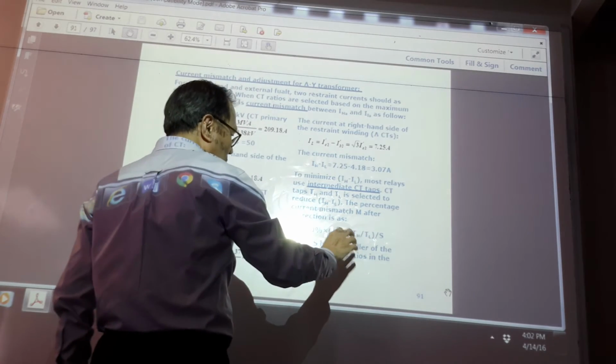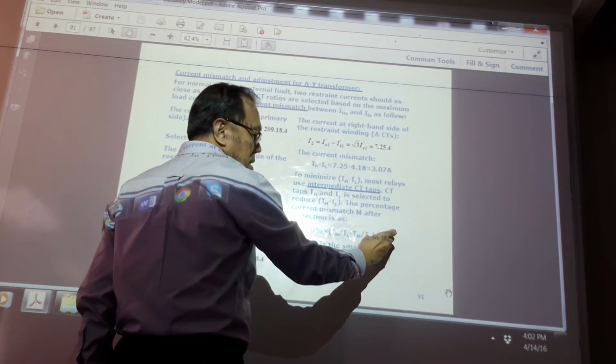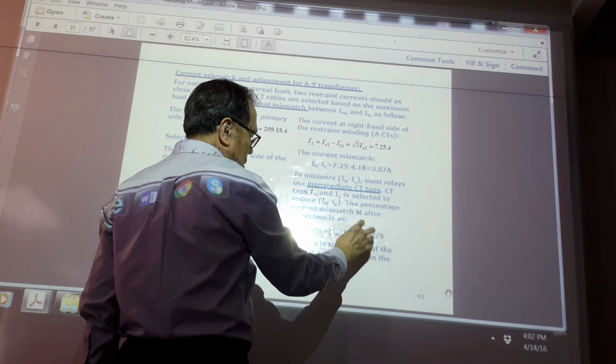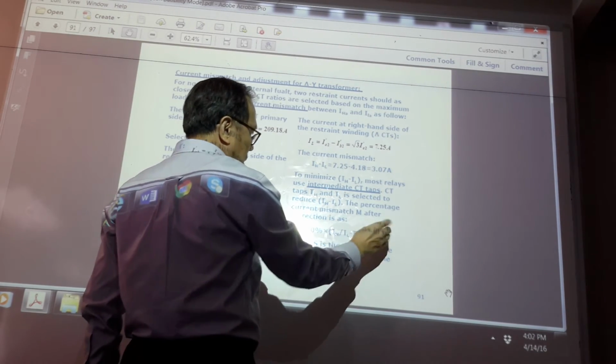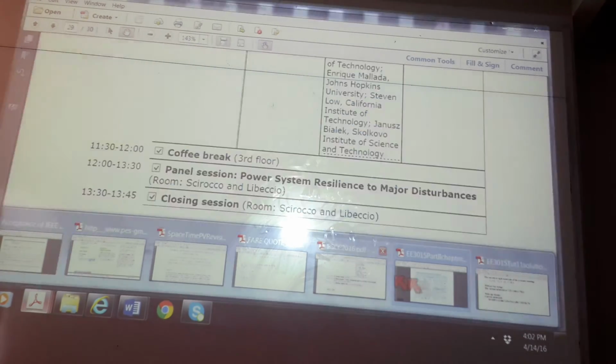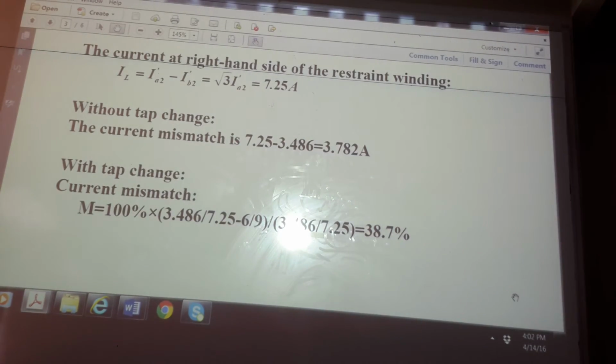You should choose the smaller. If this is smaller, you put smaller in the denominator. If this turns out to be smaller, you compare these two. If this turns out to be smaller, then you put it in the denominator. That's what the problem asks you to do. Following his lecture, the whole idea here is we use the tap to make it less sensitive, so that it will not be a lot of current going through what we call the operating winding. All right. So with that understanding, we can go back to the problem.